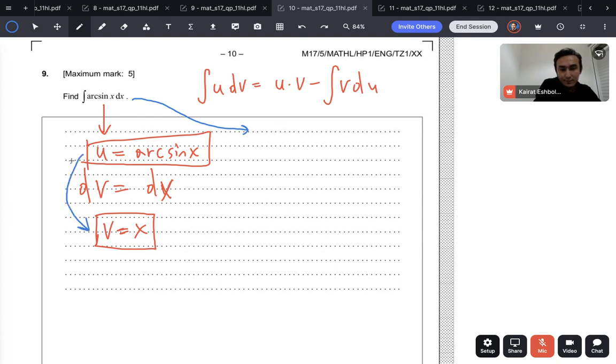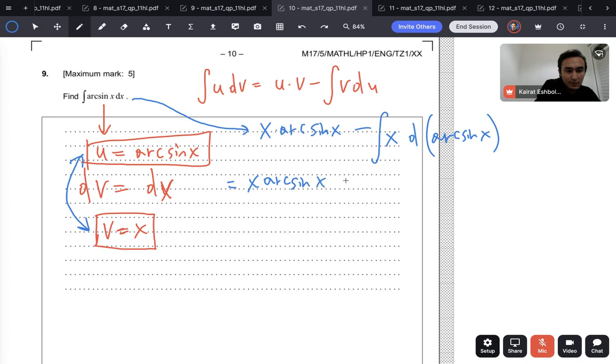These two, arc sine x times x. So x times arc sine x minus integral of v, what do we put? x, right? And then d of u, which is d of arc sine x. And so then we simplify this a bit: x arc sine x minus integral of x.